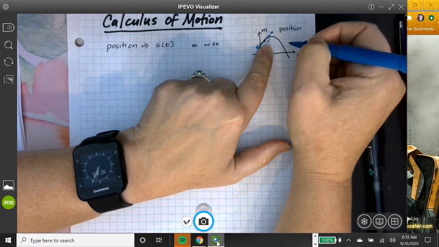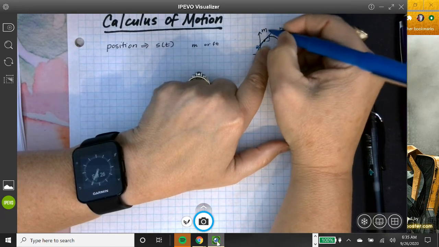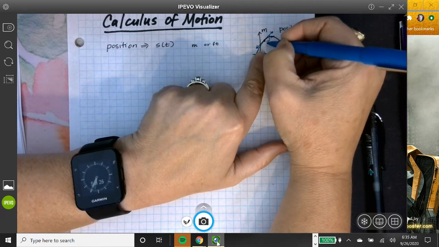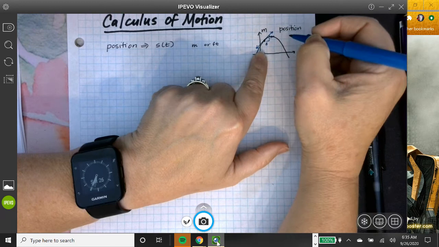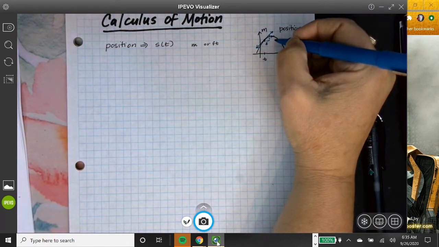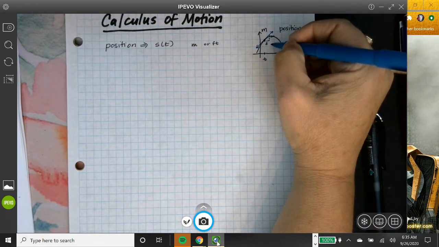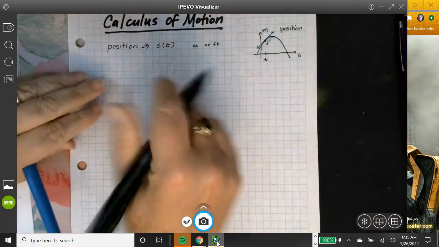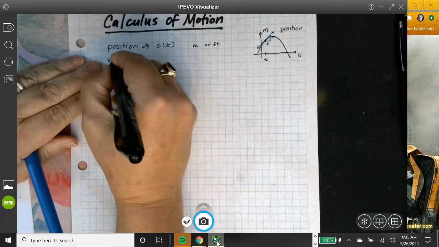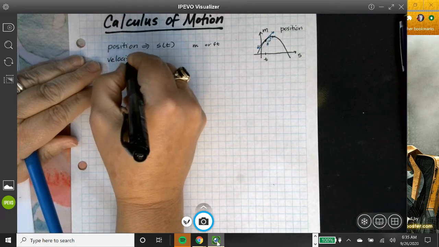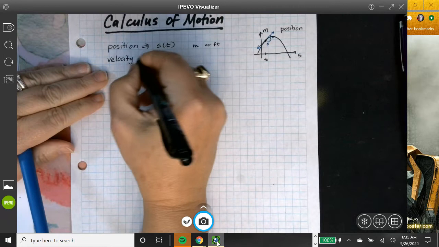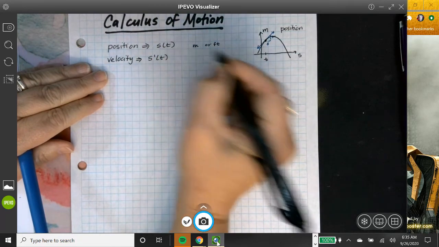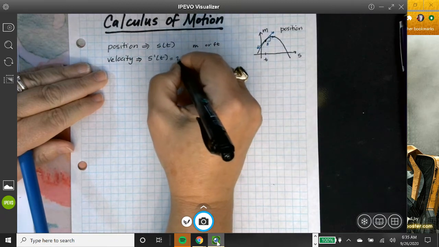Slope is rise over run. Well, the units on the rise here are meters, and the units on the run are seconds. So the change in position over the change in time sounds an awful lot like velocity, and it is. So the instantaneous rate of change of position is velocity.